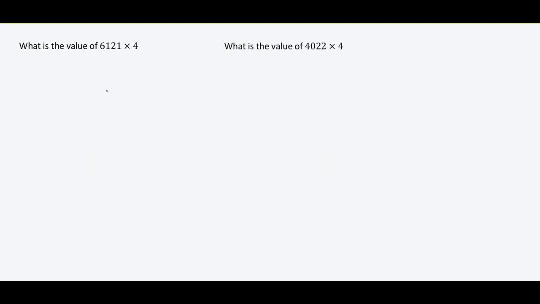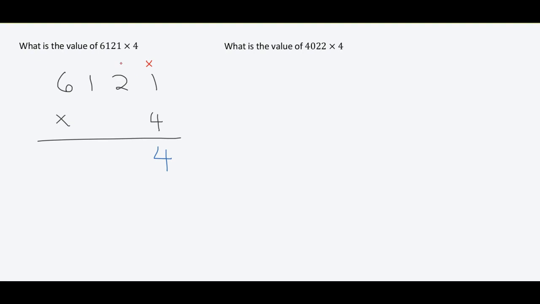Now we have 4-digit numbers. 6, 1, 2, 1 multiplied by 4. We start from the right hand side. 1 multiplied by 4, we have 4.